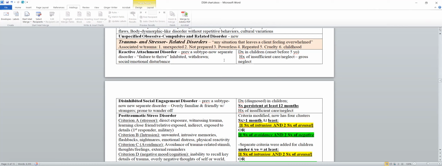And that was disinhibited social engagement disorder. So both reactive attachment disorder and disinhibited social engagement disorder occur in children and are due to insufficient care and are from neglect.